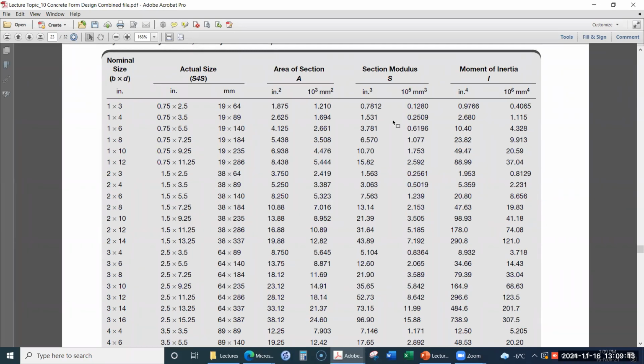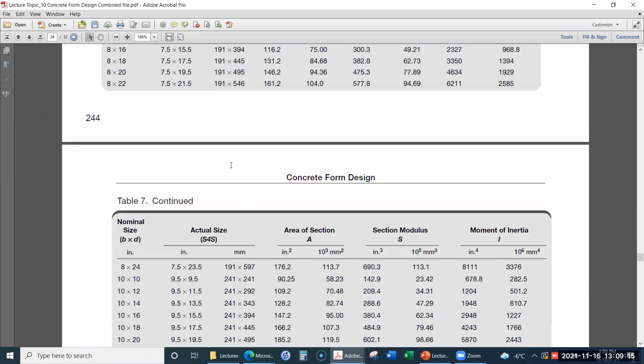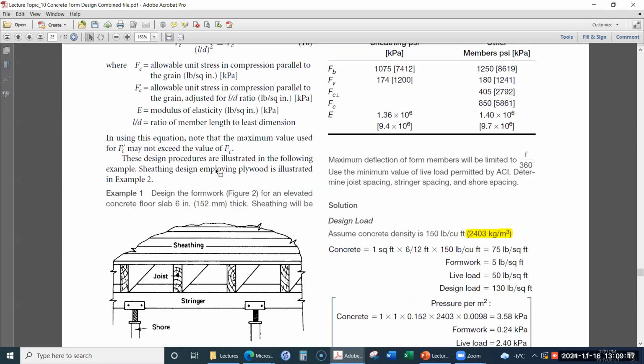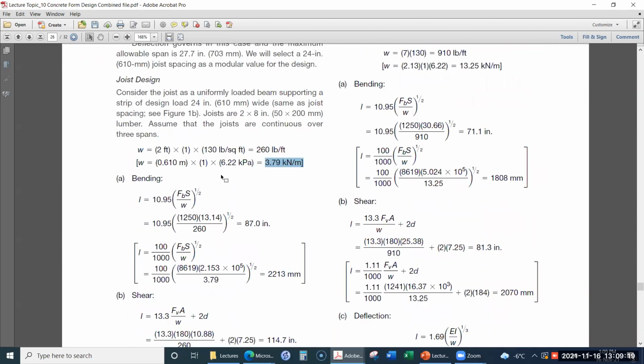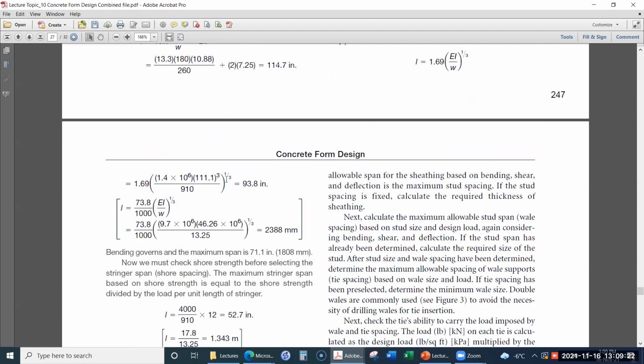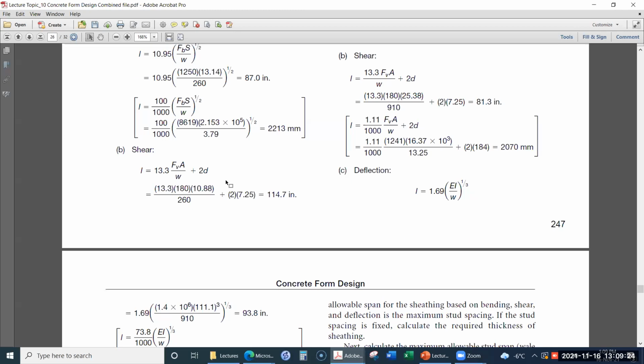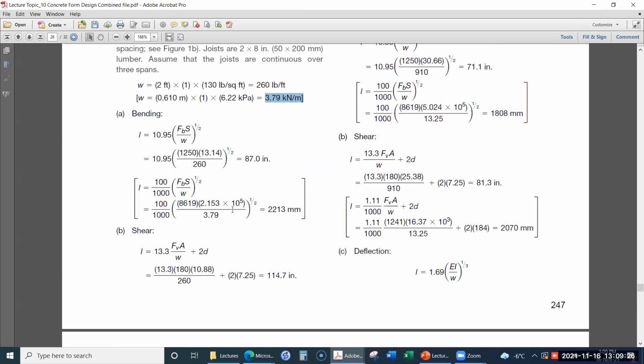So S is the section modulus we can use here, 2.153 into 10 to the power 5, divided by W, which we calculated over here, and this gives us 2213 millimeter. So this is the length based on the bending.